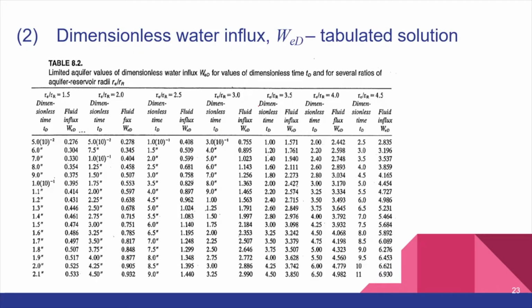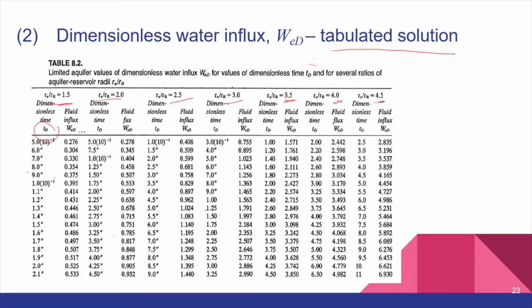For a tabulated solution, you can calculate your TD for different Re over Rr here. You have 1.5, 2, 2.5, 3, 3.5, 4, 4.5. And it's the same like the graph. You just read your TD here.